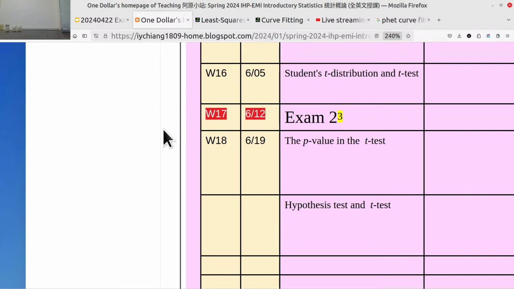One vote. Two. And the other choice is that the exam will be on June 19th. Summer vacation? Because according to the campus syllabus, summer vacation will be here. So again, you can vote twice. Either one is okay. If I see you vote twice, that means both days are okay for you.